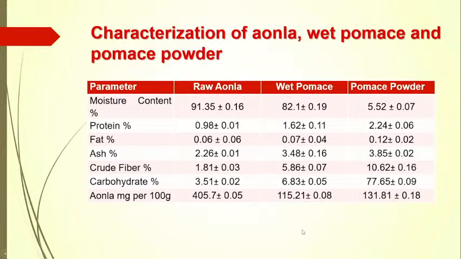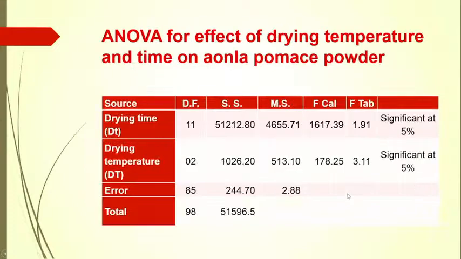This result was obtained for drying at around 70 centigrade, because at higher temperatures we had lower values of vitamin C, and this was selected as the best drying temperature. This shows that there is a significant effect of drying time and temperature on the product.